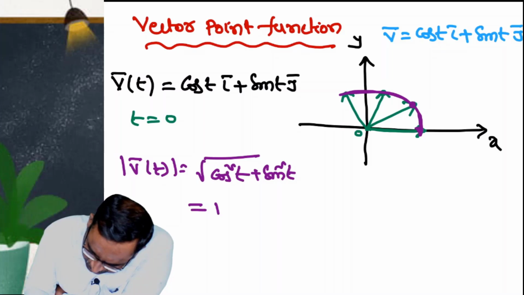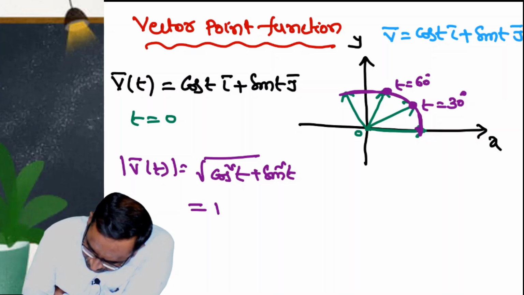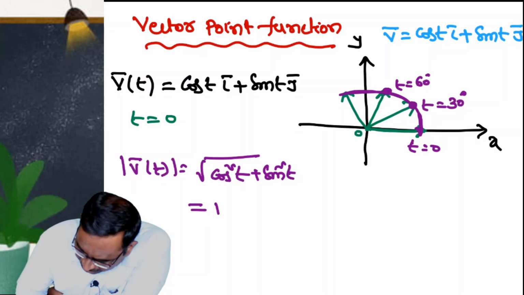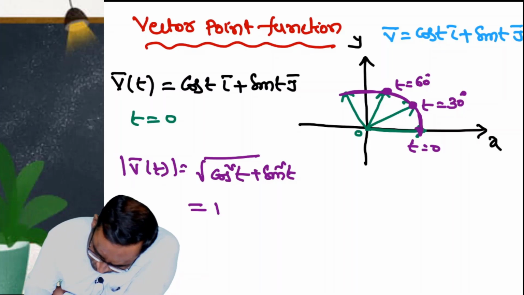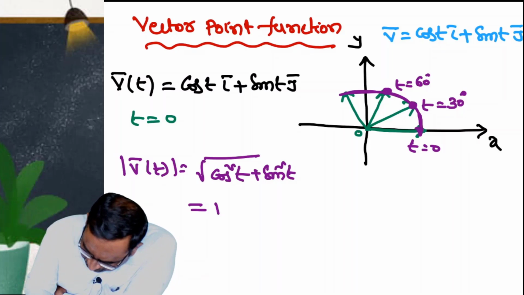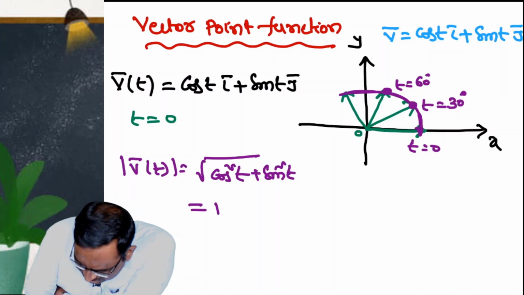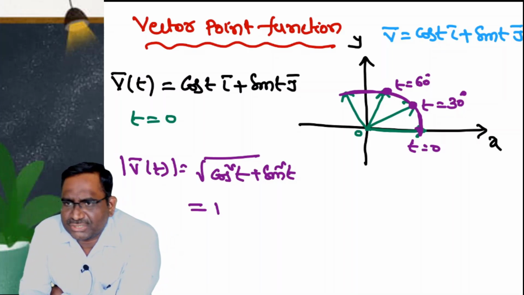This is a point when t is equal to something. Suppose this is when t is equal to 30 degrees, this is some 60, when t is equal to 90, and this is when t is equal to 0. So at that particular value of t, this is the corresponding vector in this direction.